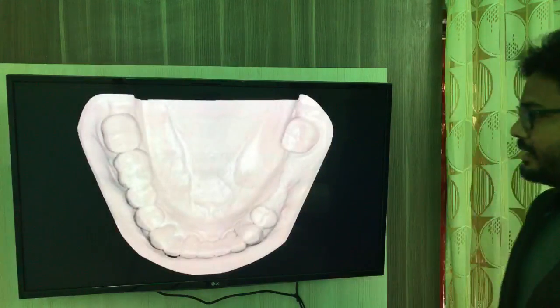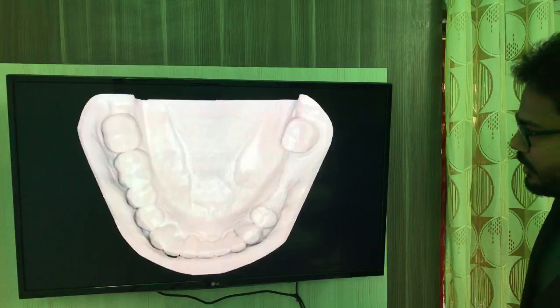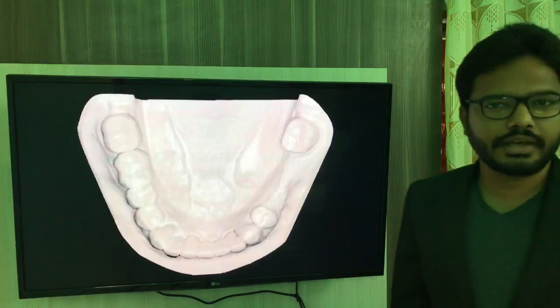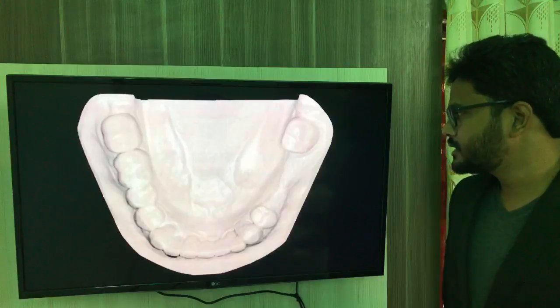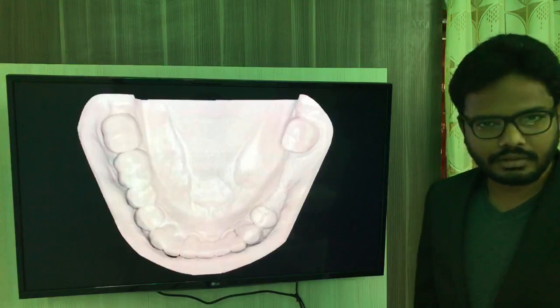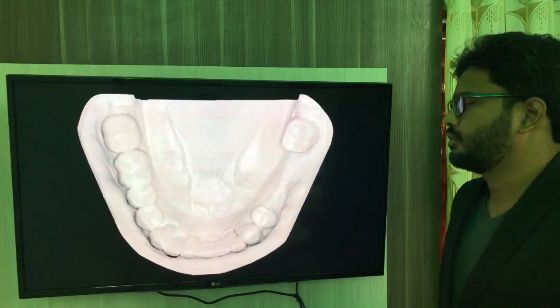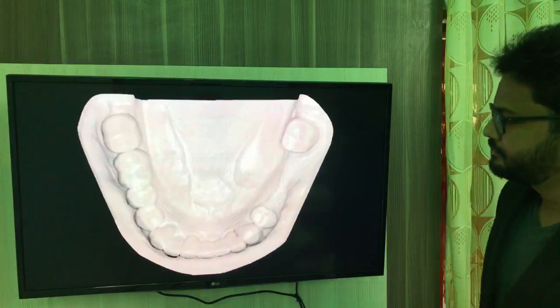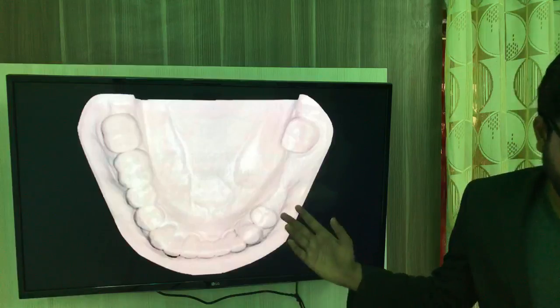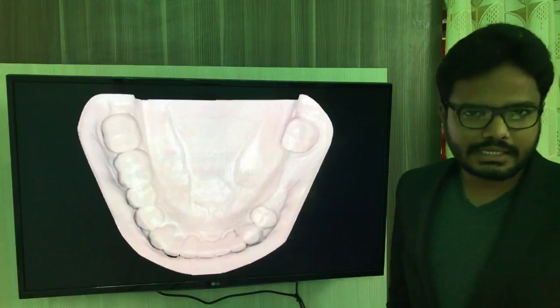And what about this? You have a lower cast with an edentulous area on the third quadrant, which is bound by natural teeth anteroposteriorly, or mesiodistally. So obviously it's a class 3, right?